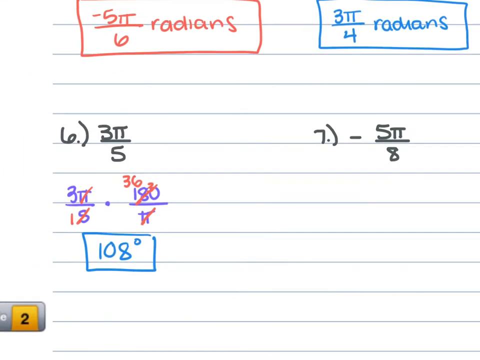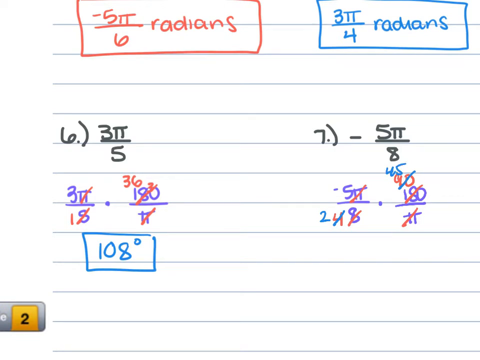For 7, we have negative 5 pi over 8, so negative 5 pi over 8 times 180 over pi. Our pi's cancel out. The 8 becomes a 4, the 180 becomes a 90, the 4 is then going to become a 2, then 90 becomes 45.